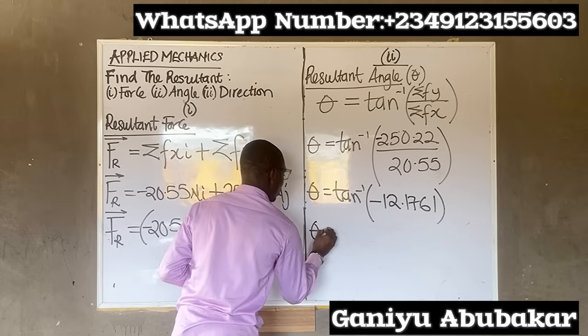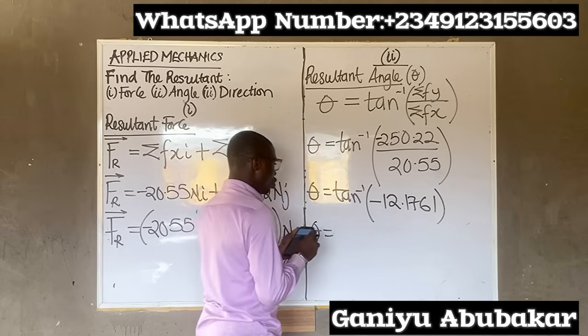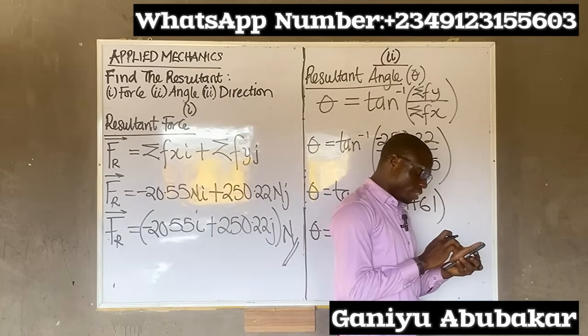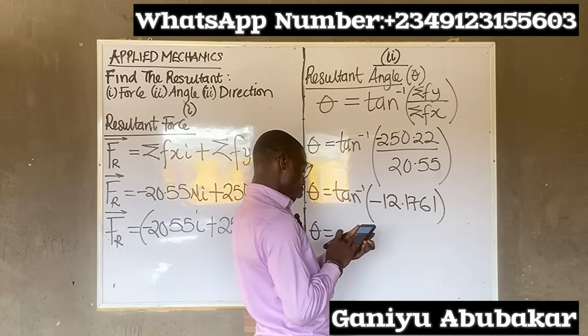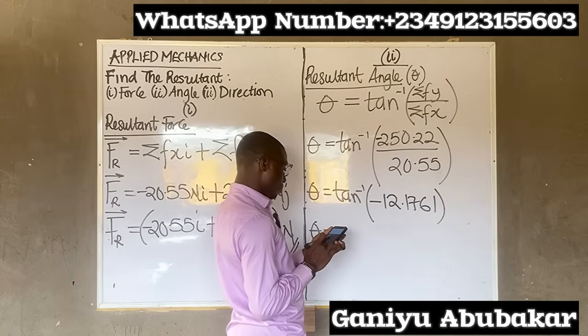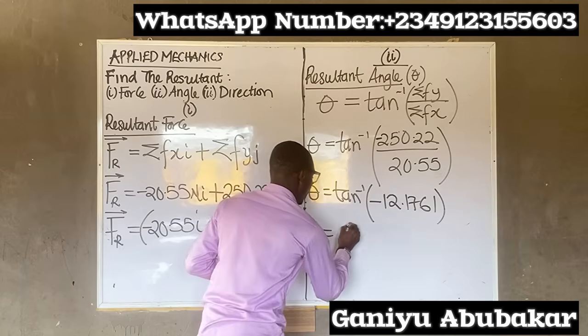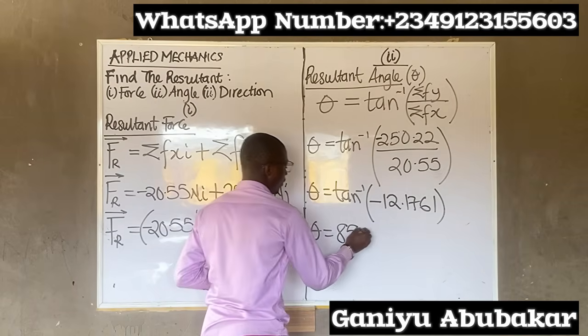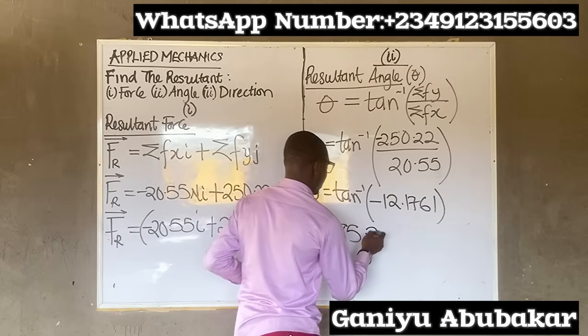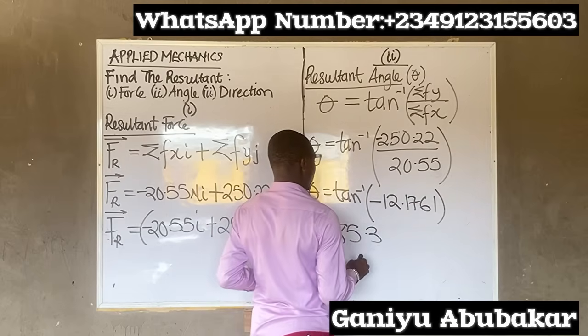So theta is equal to, press shift and tan inverse of 12.1761. That gives 85.3 degrees.